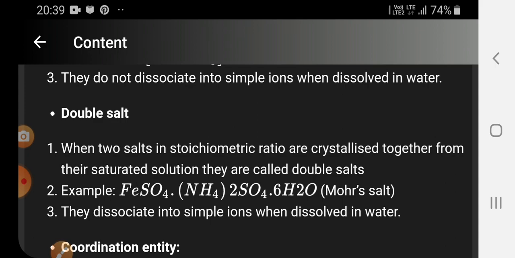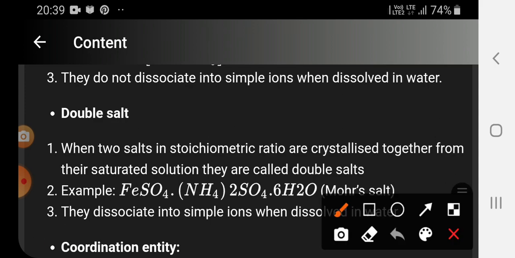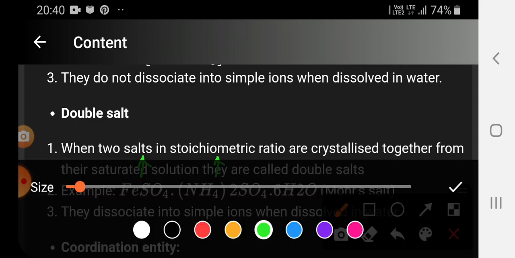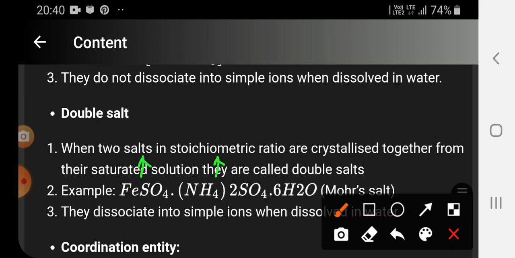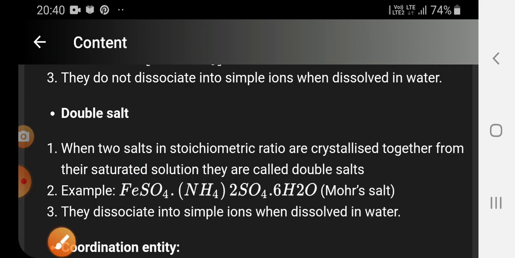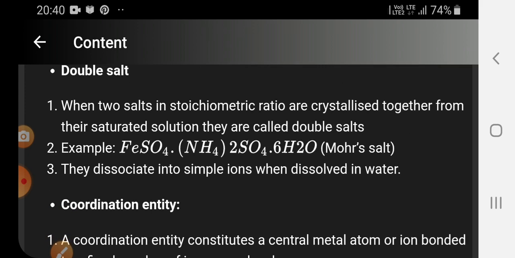Here you can see an example of double salt, that is FeSO4. It is one type of salt. Then (NH4)2SO4. This is another type of salt, and 6 moles of water. This is the example of double salt, and it is better known as Mohr's salt.